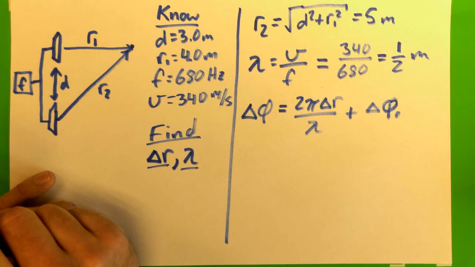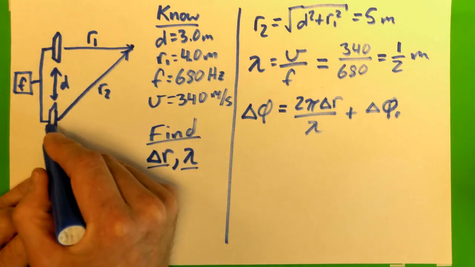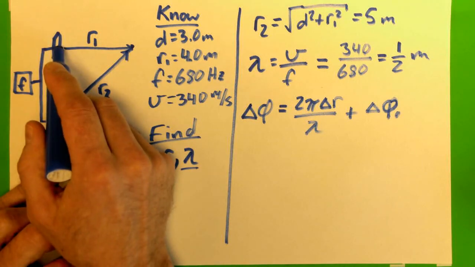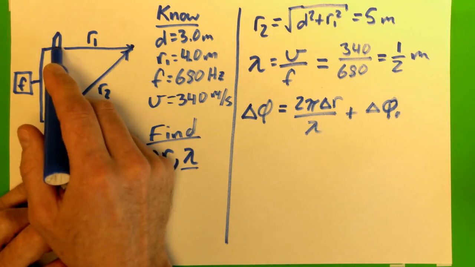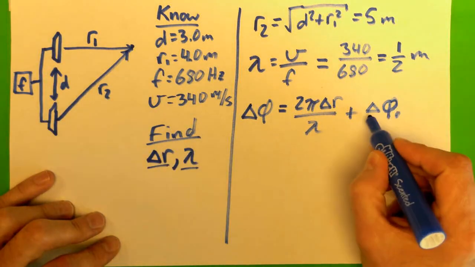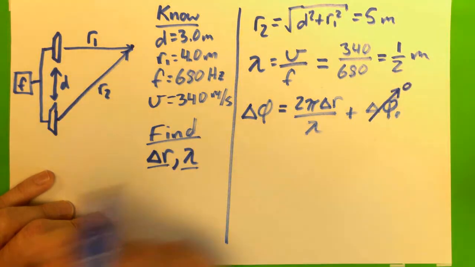So no matter what the phase of this one is, this one has the same phase. This could be pi, this could be 3 pi, whatever, but this will have the same one. And since all I care about is the difference, I can just say that is 0.